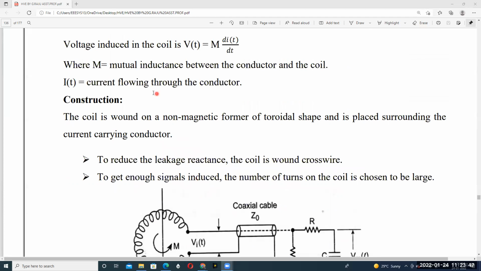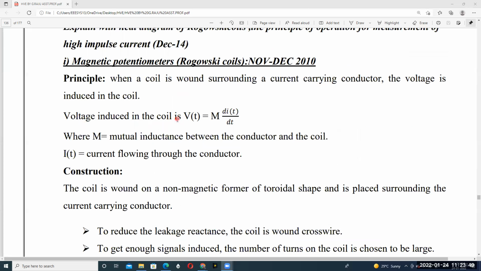The voltage induced in the coil, V(t), depends on the mutual inductance: V(t) is equal to M into di(t) by dt, where M is the mutual inductance between the conductor and the coil, and i(t) is the current flowing through the conductor.